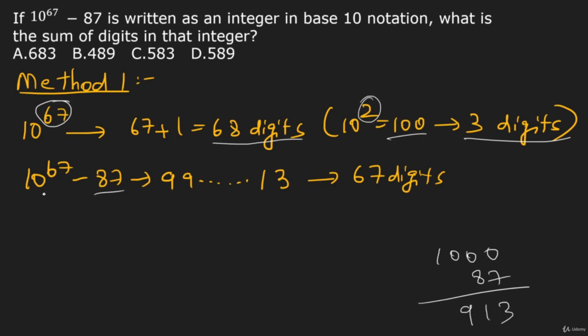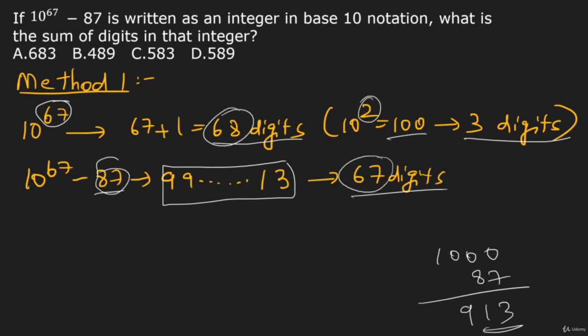So similarly, when you subtract 10 to the power 67 minus 87, you will get a number with 999, and it will end in 1 and 3 like this, and the total number will be a 67-digit number, right? This was a 68-digit number. You subtracted 87 from this number to get a 67-digit number. Over here you can see this is a 4-digit number. You subtract 87 from it and you are getting a 3-digit number. The same thing applies over here.